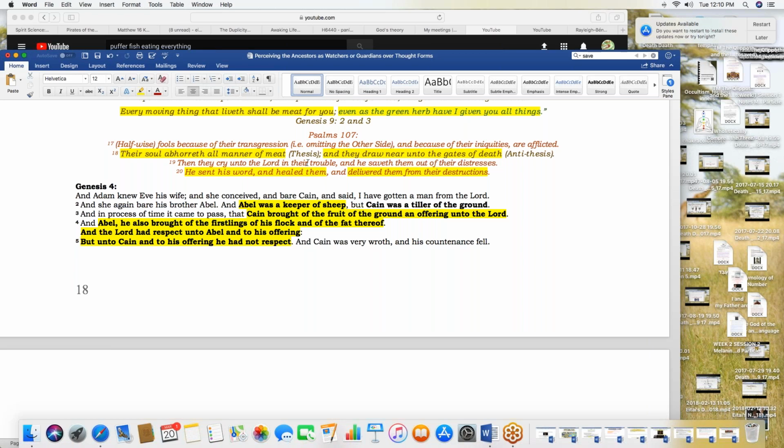Then they cried out unto the Lord in their trouble, and he saveth them out of their distresses. He sent his word and healed them. It would have to be a new word. It could not be based on the knowledge that what? Presented us with this paradox in the first place. It by necessity must be a new thought.